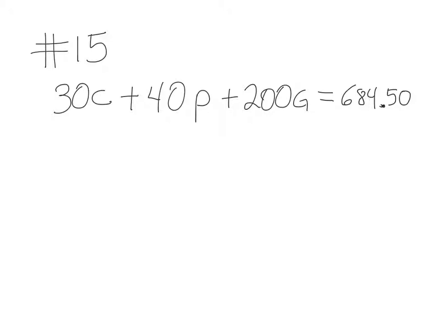It says each pie costs $2 less than a cake. So in terms of cost, P costs $2 less than the cake, and C was the cake. And the cake costs 5 times as much as a giant cookie.